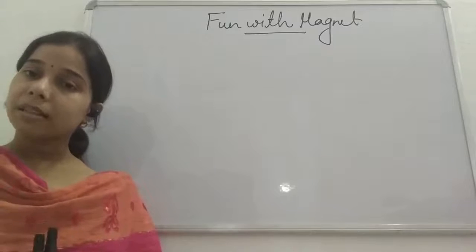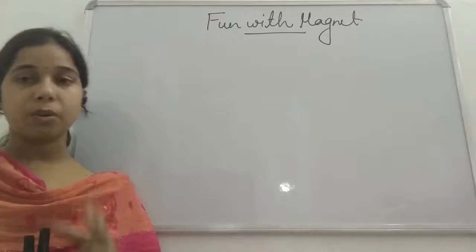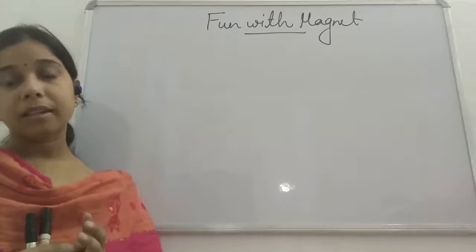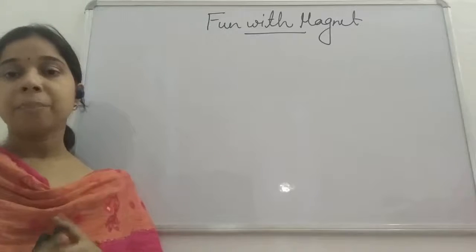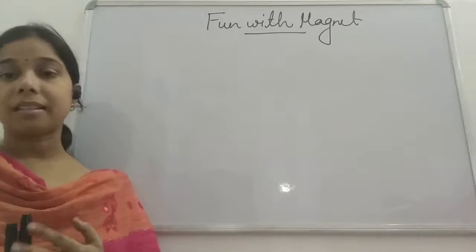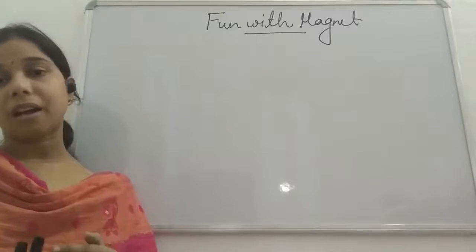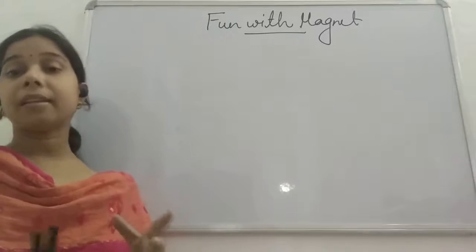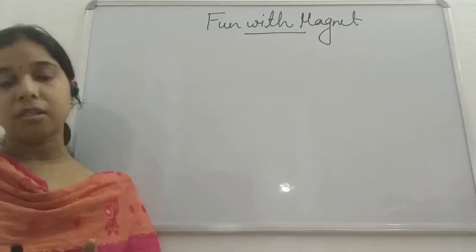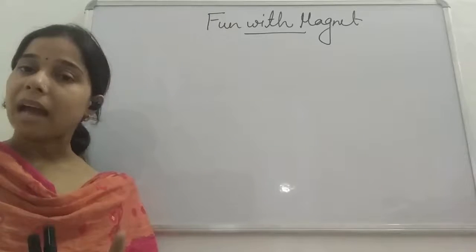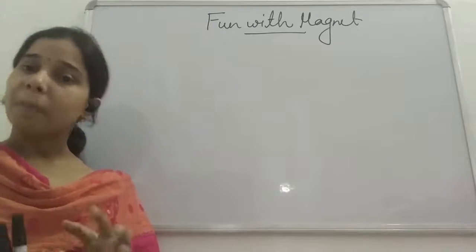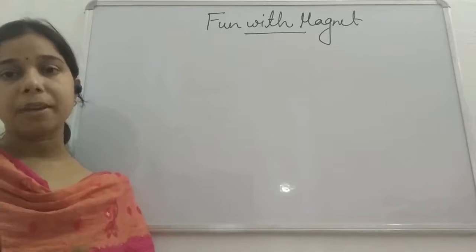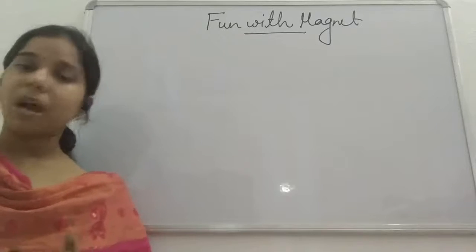We were right now talking only about the natural magnet. One more magnet which was discovered later is the artificial magnet, and that artificial magnet which helps in giving the direction to the traveler is known as the magnetic compass. So the magnetic compass is what helps in finding the direction for the travelers.